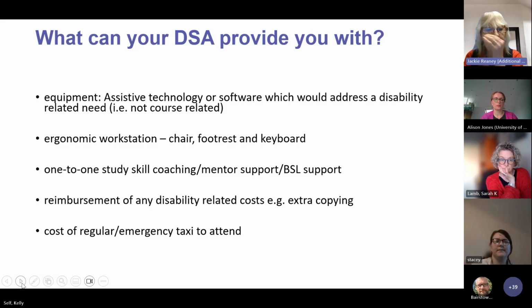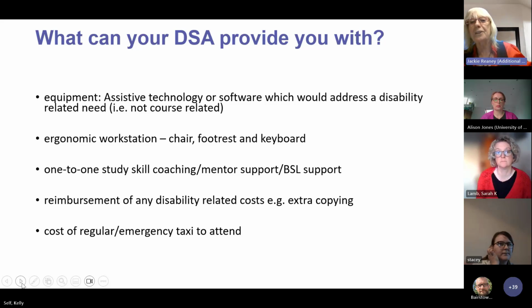And finally, the one that people most often forget about: there is an opportunity to claim back or to have provided for the learner taxi travel to attend. Now, I know that many students with high anxiety levels or many autistic students struggle with public transport. Don't let that be a determining factor when you're exploring universities.